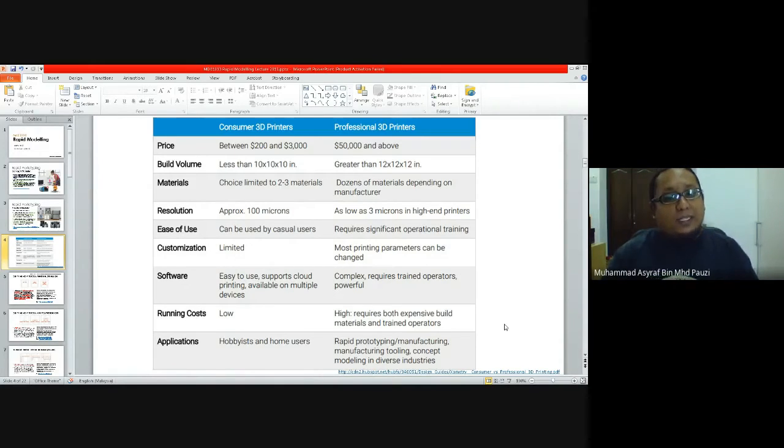And for the application, hobbies and home use for the consumer, but this application tends to overlap with each other, depending on what kind of usage, what kind of technology and whatnot. For the consumer part, I think if you are looking below 2000, most of it is FDM technology.